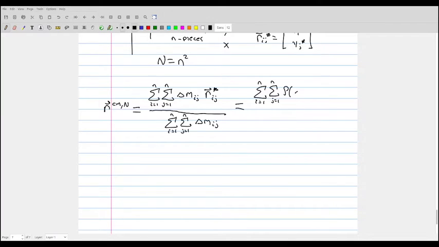So it's the density at the point xi star, yj star, times delta Aij, not delta mij. Delta mij is the mass of the ijth rectangle. So that mass is approximately equal to the density multiplied by delta Aij.